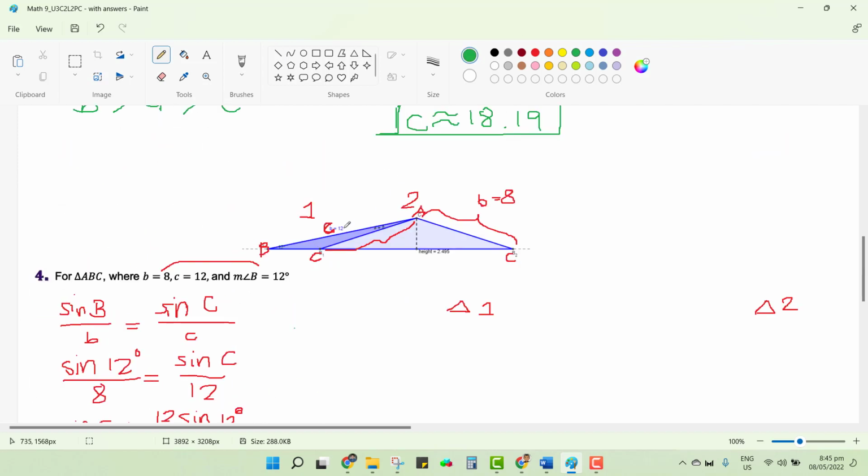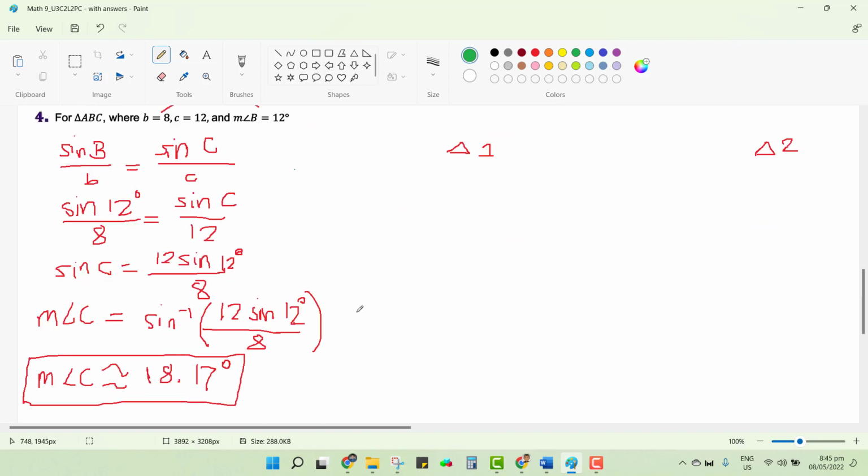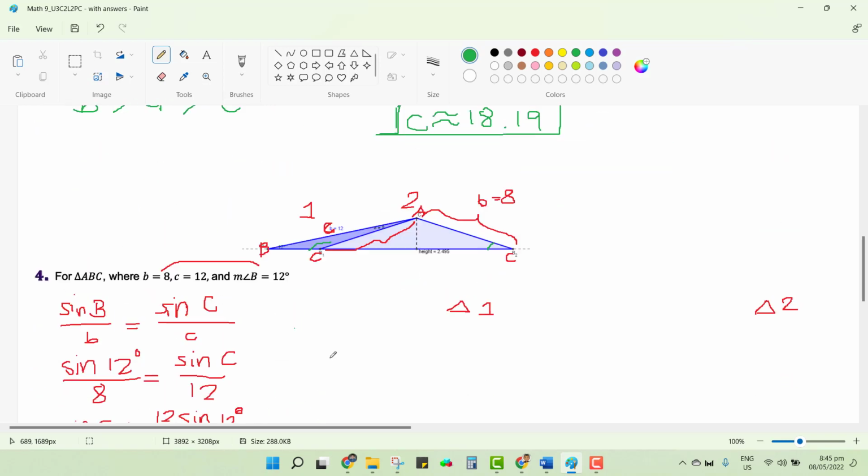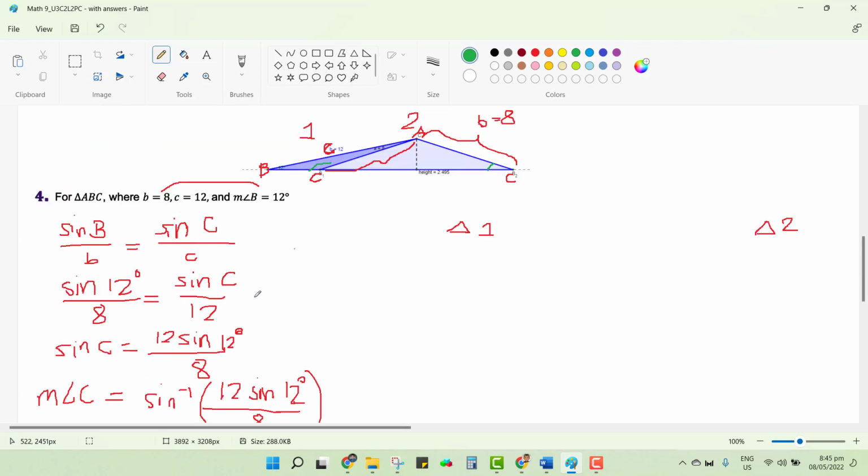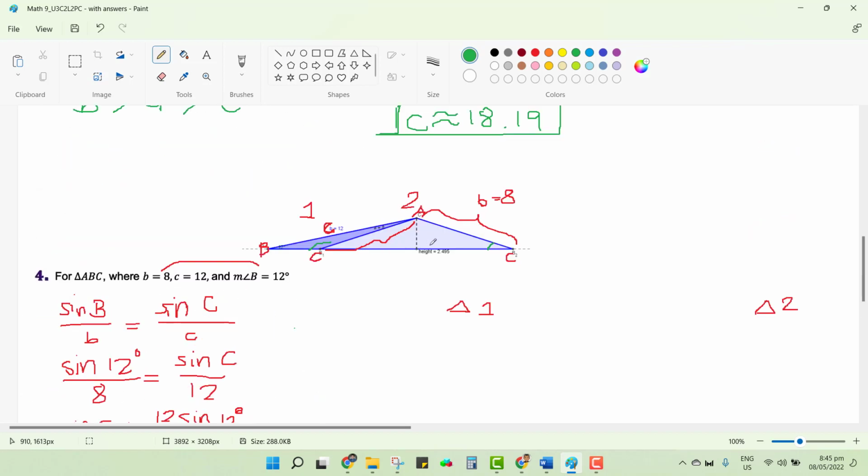Is this the angle or this angle here? Notice that the value solved is 18.17. In short, it's an acute angle. So it represents which angle? This is an obtuse, this is an acute. So the angle solved, 18.17, is actually the angle of the largest triangle. This area here is your 18.17.